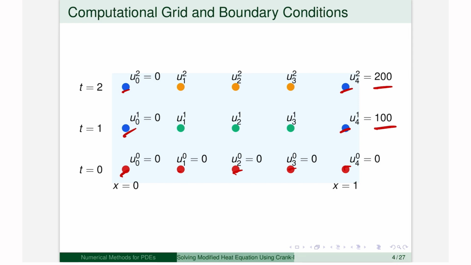So we have to calculate u11, u21, u31, and again at t equal to 2, we have to calculate u12, u22 and u32. So at t equal to 1 we have to calculate these 3 nodes, and at t equal to 2 we have to calculate 3 interior nodes.